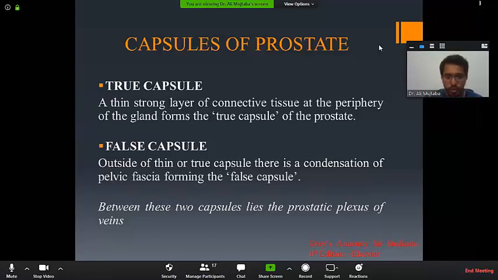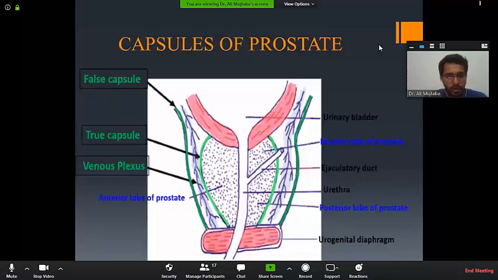Between these two capsules lies the prostatic plexus of veins. As the picture shows, false and true capsules and plexus of veins between them. It also shows the lobes of prostate: anterior lobe, medial lobe, and posterior lobe.